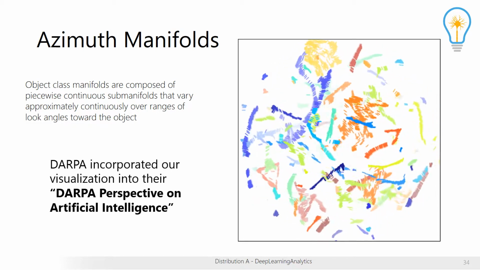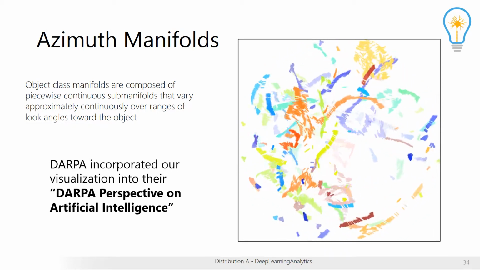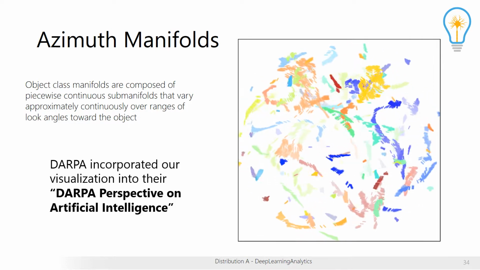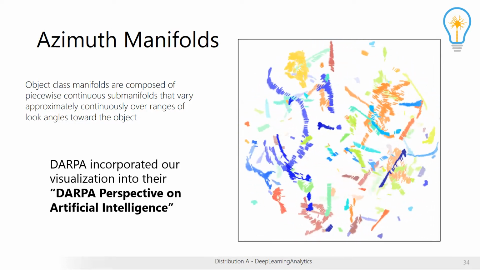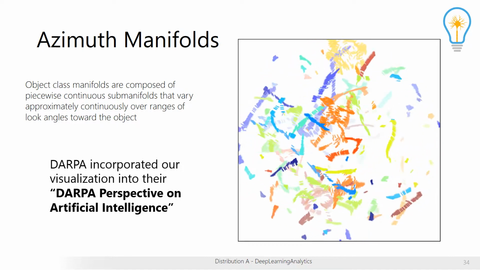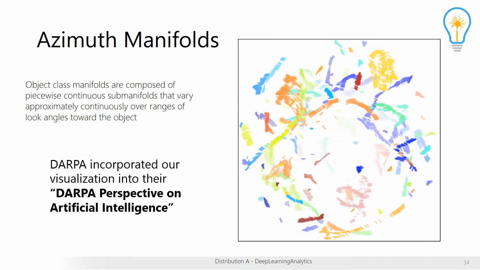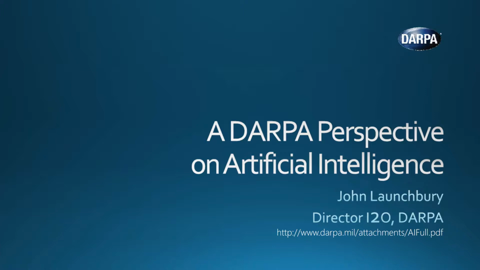In 2017, John Launchbury of DARPA's Information Innovation Office developed a summary of AI called DARPA Perspective on Artificial Intelligence. DARPA incorporated our results into their perspective. The presentation can be found here at http://www.darpa.mil/attachments/aifull.pdf.